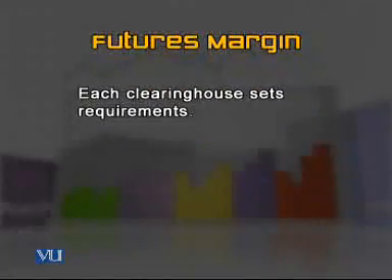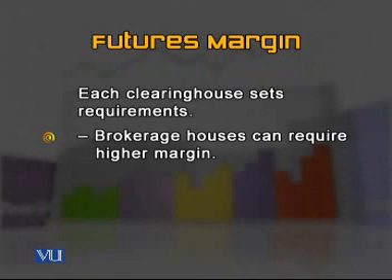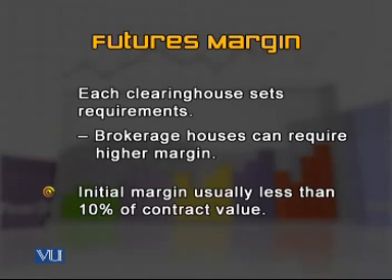Each clearinghouse sets requirements. Brokerage houses can require higher margins, lower margins, or no margin at all, depending on the credibility of an investor or an institution, how good one has been in meeting obligations. Initial margin is usually less than 10% in some cases, and usually around 30% is considered fair to do further business in the product.